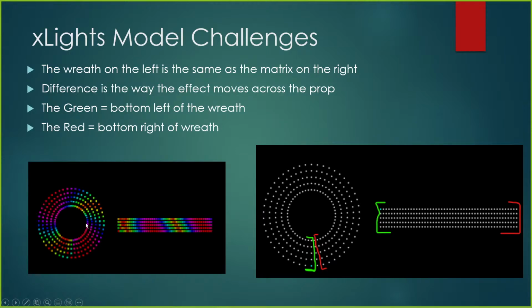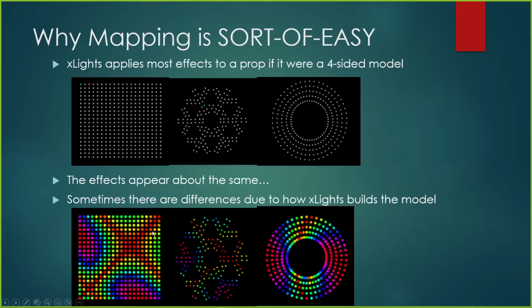Now, if you didn't know that xLights does this to the circle model, you would think that xLights is broken because it's not doing exactly what we talked about on this previous slide. It's not doing what you think it should. And this is one of the basic reasons why people get confused and frustrated, because effects render differently across different props, and it's not always apparent.